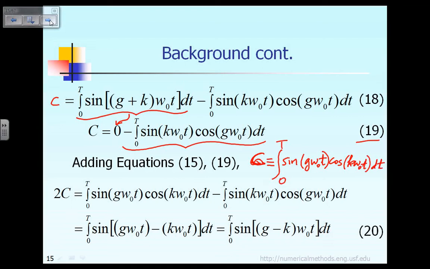Now, if I add both equations, left-hand side with left-hand side and right-hand side with right-hand side, let's see what we get. Here we have c plus another c, which is equal to 2c.